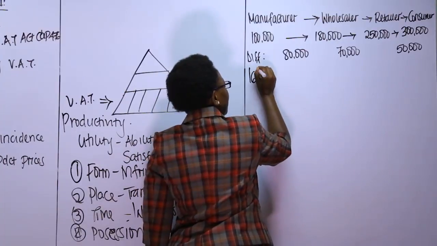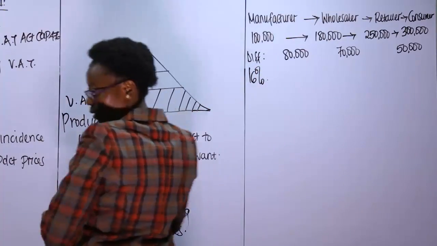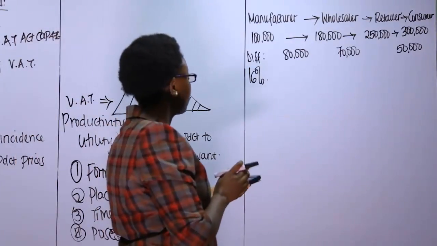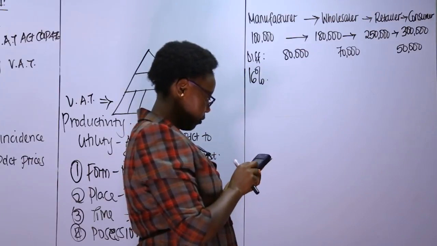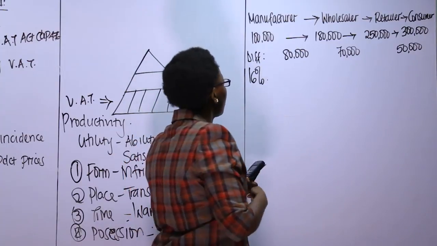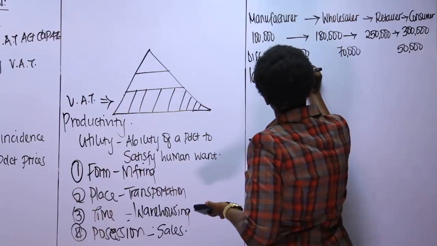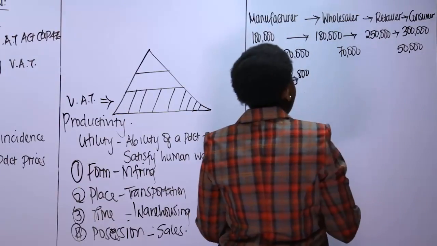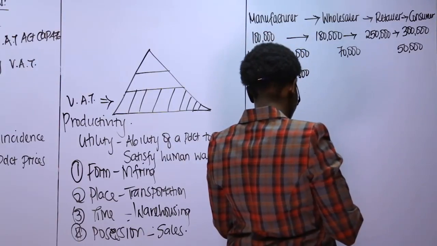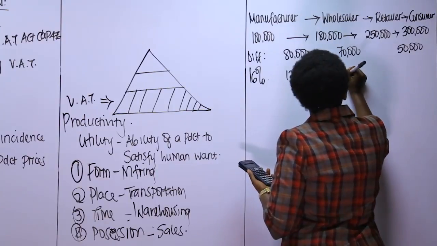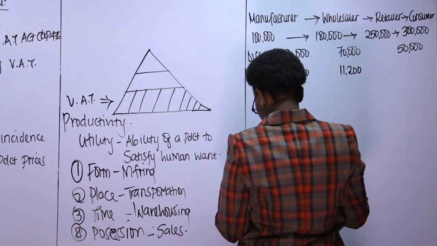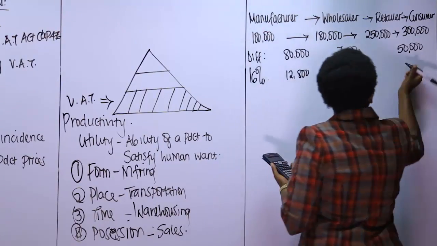So 80,000 times 16% gives us 12,800. Then we take 16% of 70,000, 11,200, and 16% of 50,000, 8,000.